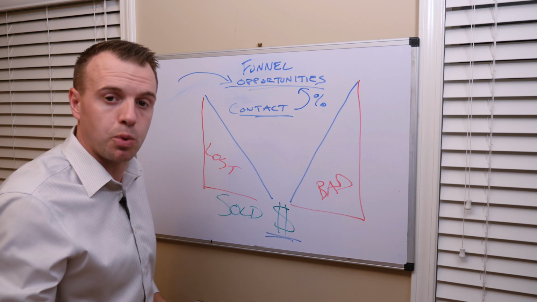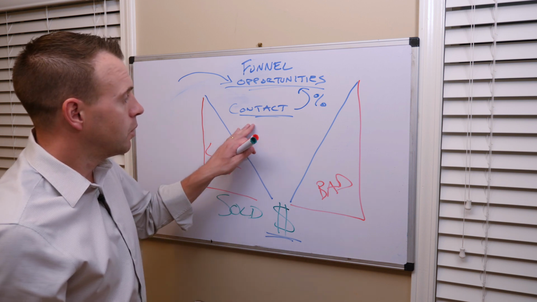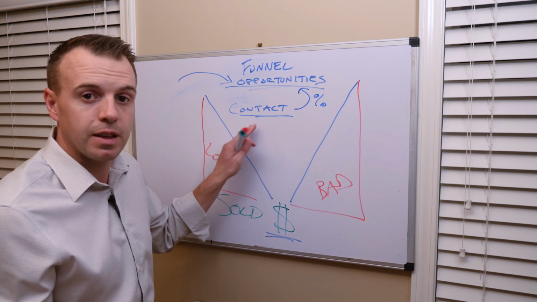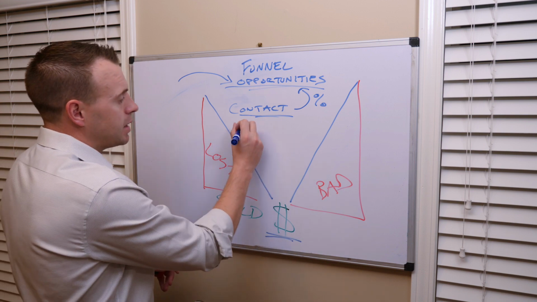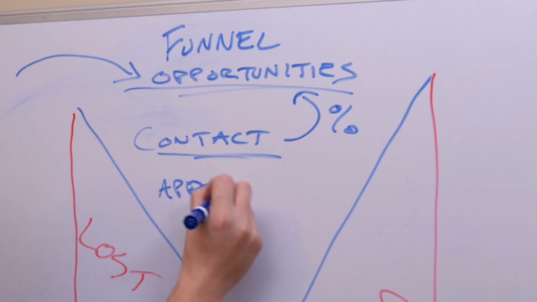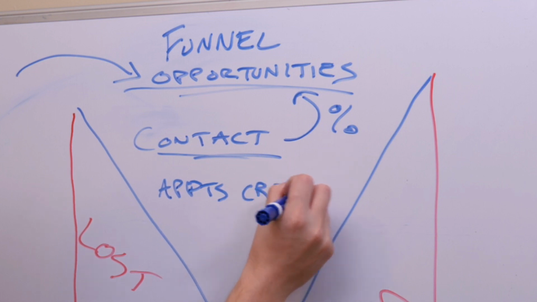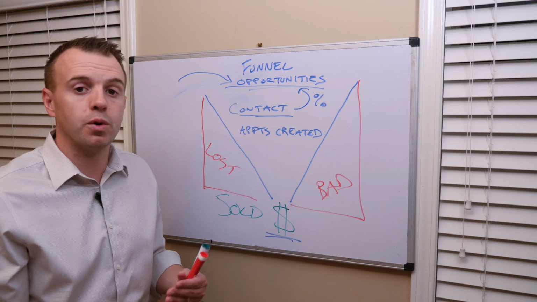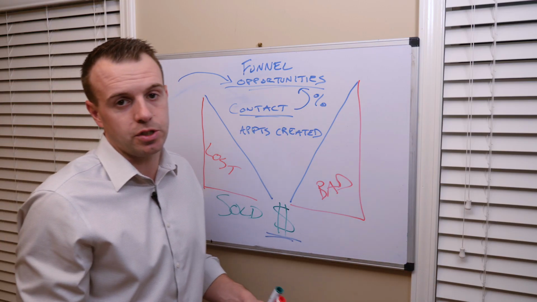That's a data point and equation that you can know. From my contacted, like we referenced last week, how many appointments did I create? How many people did I get to say they will come in for a meeting? Or they will speak to me for a demonstration?